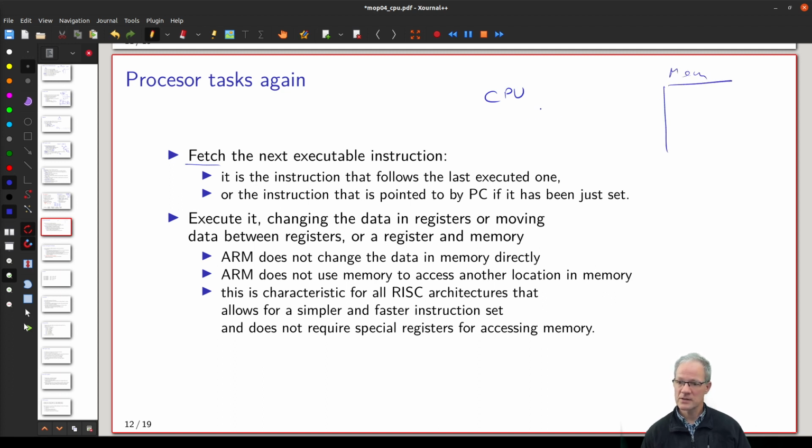The CPU is using the program counter, PC register, and as we learned, this is register 15 for the ARM architecture, and that's going to store the address of the next instruction. It's a bit more complicated than that, but let's just assume that's the next instruction or something like that. We're going to talk about it shortly.